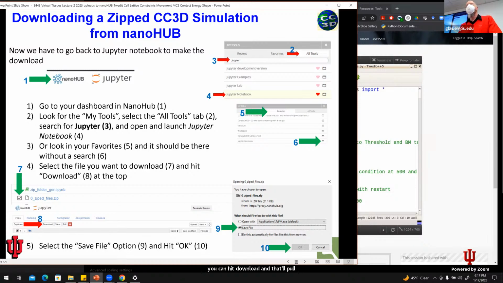So try that out. Make sure you can save and download. And I'll give people a minute to try that out.